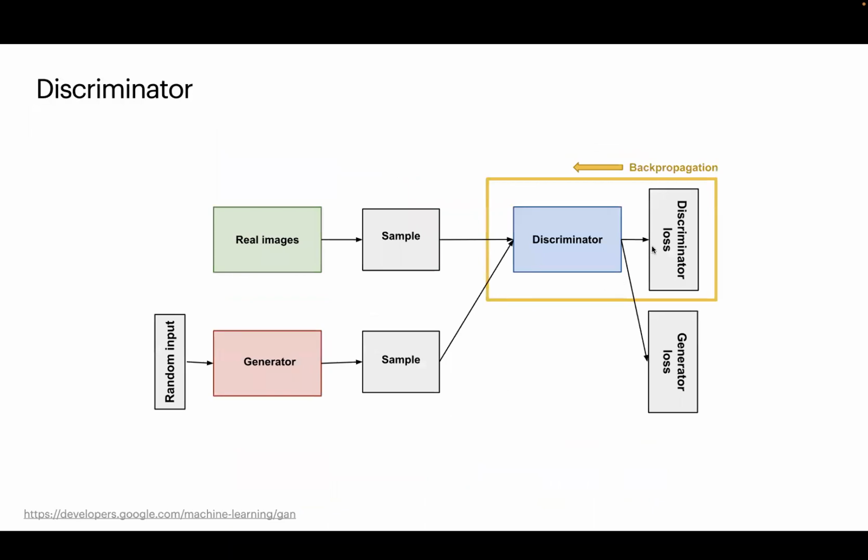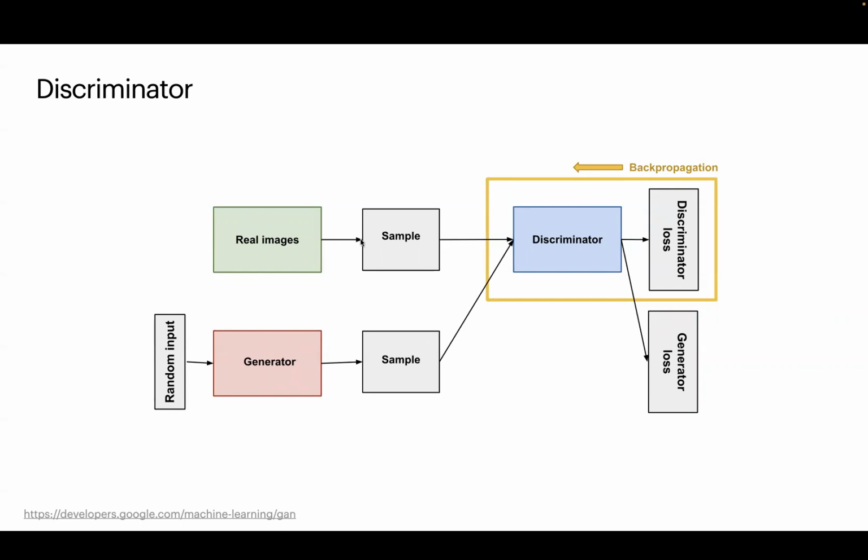So this is the discriminator part. As I said before, the random input is just a bunch of noise. Can you see my mouse here? The random input doesn't mean anything, it's complete noise, and it goes to the generator, which samples and sends the result to the discriminator.